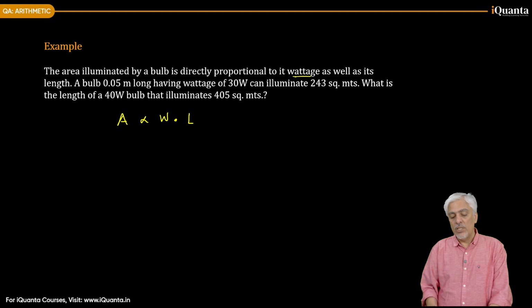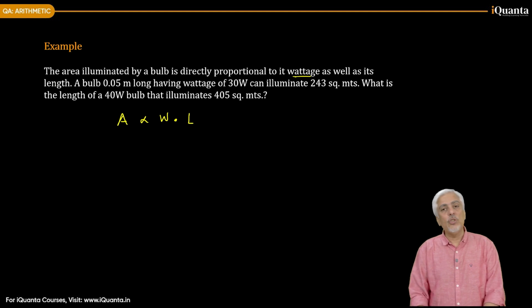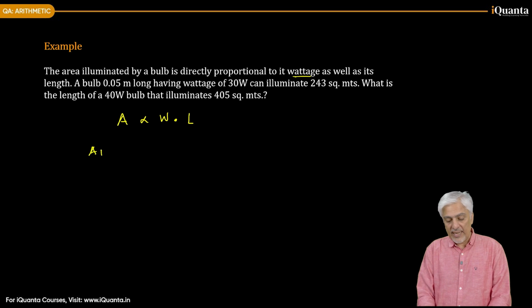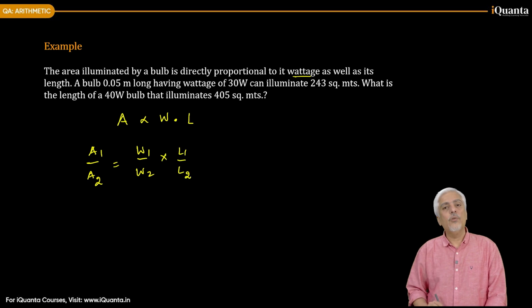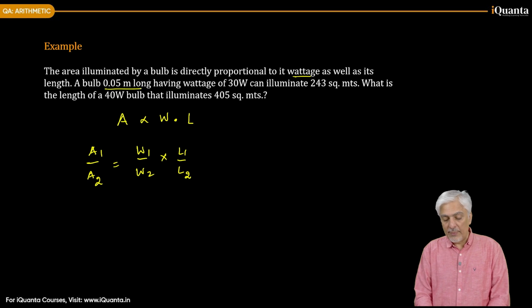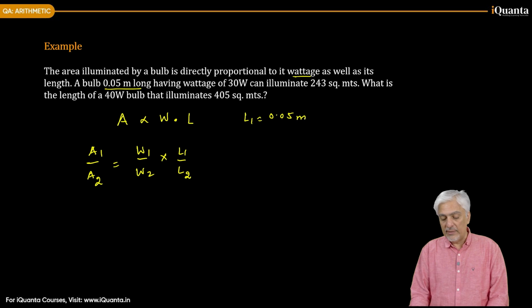So you say area is directly proportional to wattage into length. And if I want to convert this to a ratio, I'll get A1 upon A2 is W1 upon W2 into L1 upon L2, right?